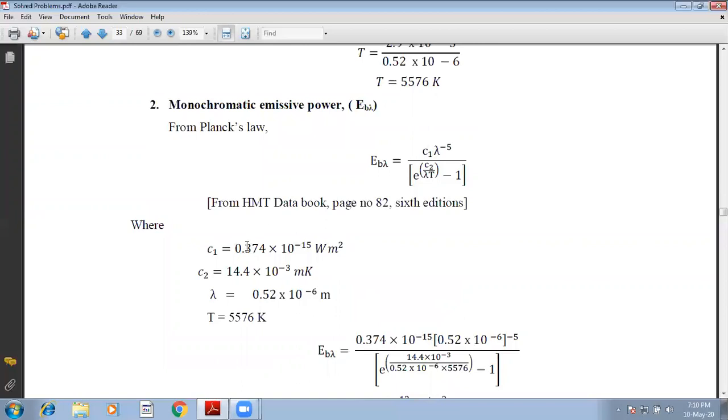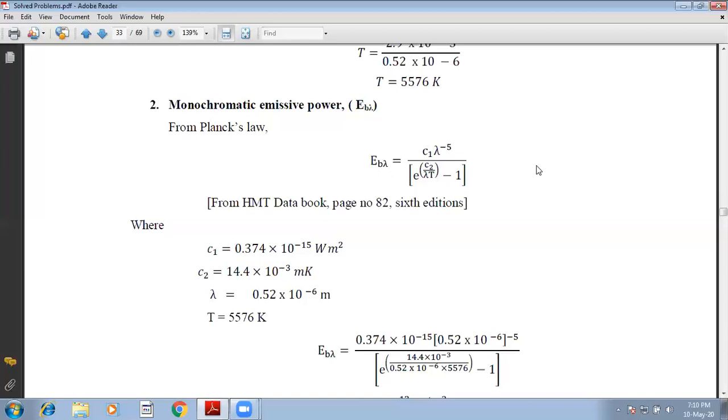The value comes out to be for C1 0.374 into 10 raised to minus 15 watt meter square. C2 is 14.4 into 10 raised to minus 3 meter Kelvin. Lambda value you know, temperature just calculated as 5576 Kelvin.